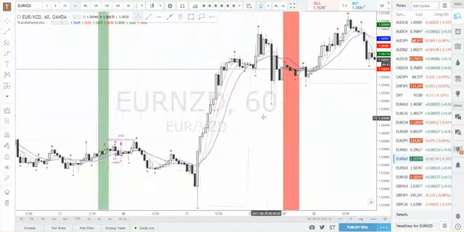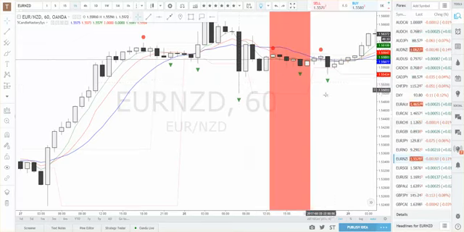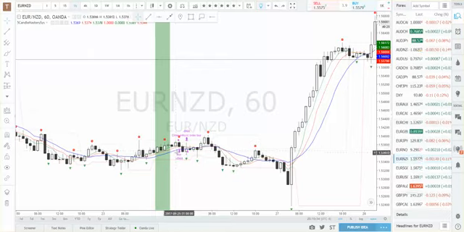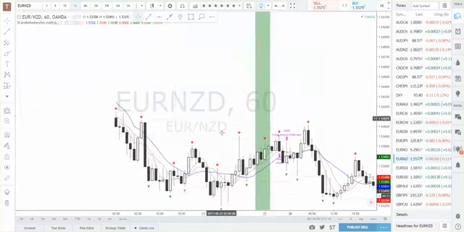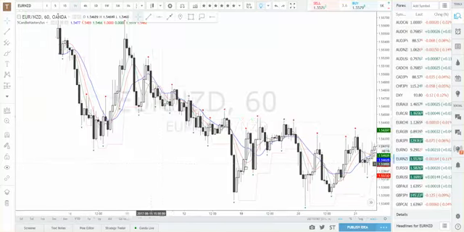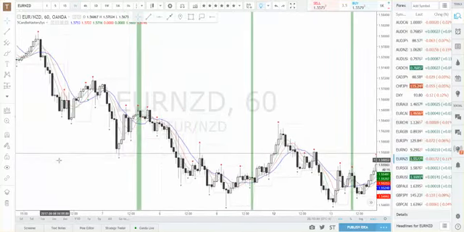This is another example where it was looking for this fractal low here, there was a setup here, but it just never broke down. This is an example of a buy that got stopped out fairly quickly. Setups that never triggered.